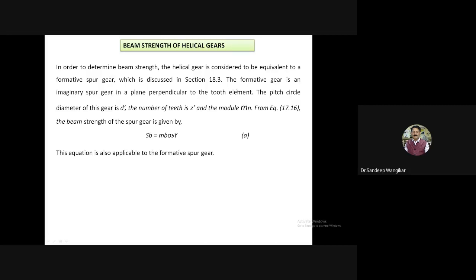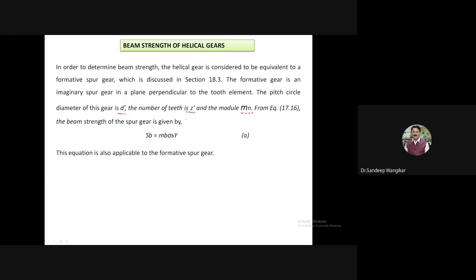For this gear, the pitch circle diameter is d dash, the number of teeth is z dash, and the normal module is mn.